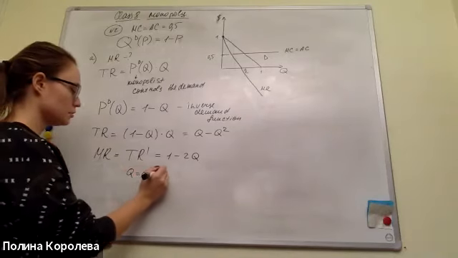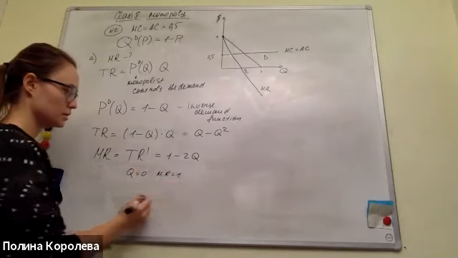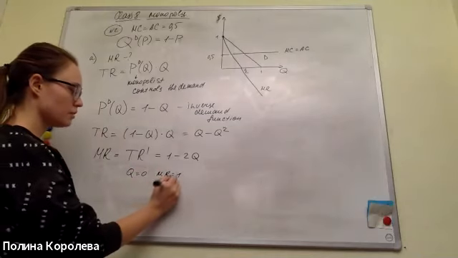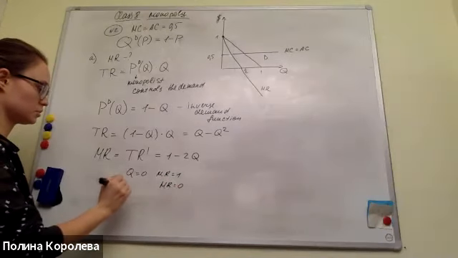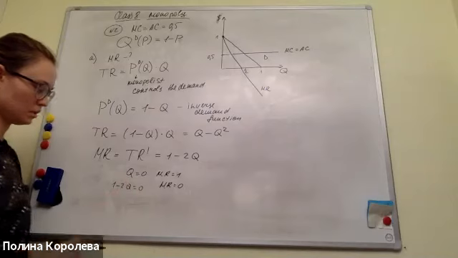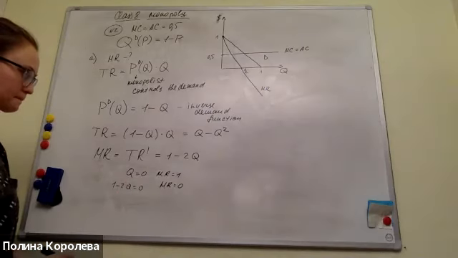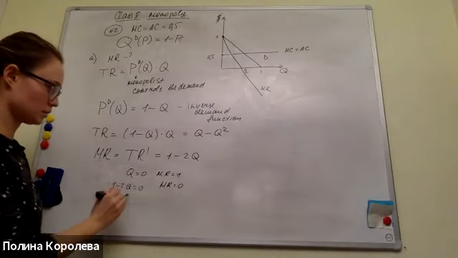Excuse me, I have a question. Yes. Why 1/2? Because if we put 0 instead of quantity, then 2 multiplied by 0 is 0. If quantity equals 0, marginal revenue equals 1. Yes? And when marginal revenue equals 0, when 1 minus 2Q equals 0, this one equals 1/2.